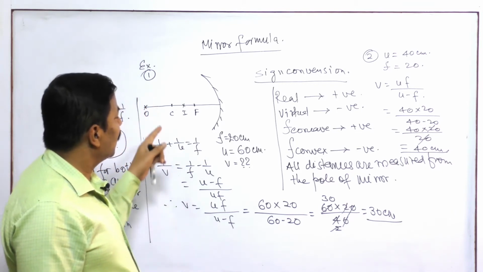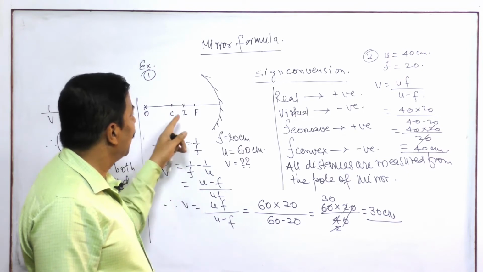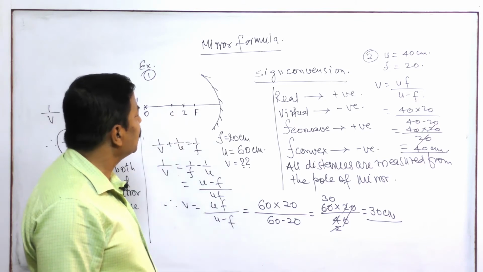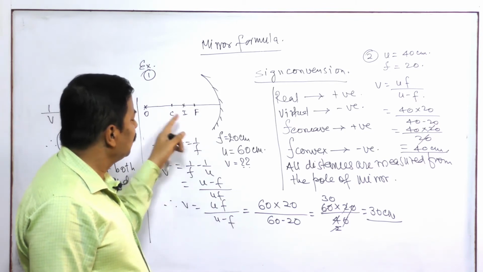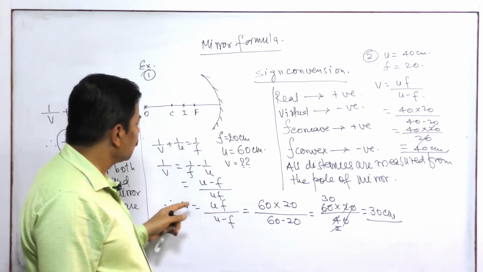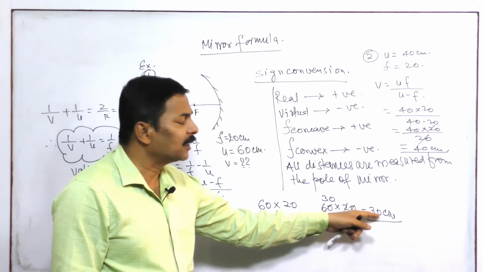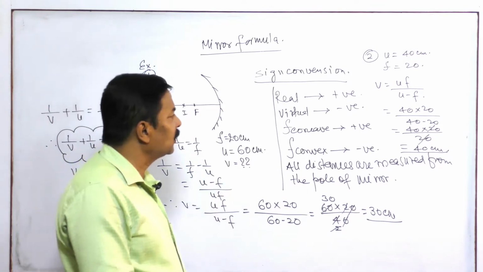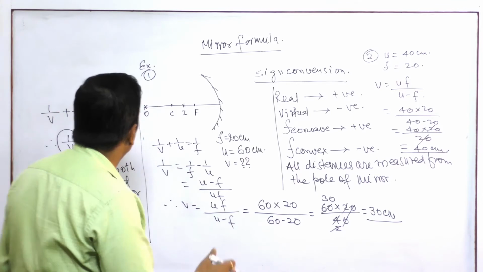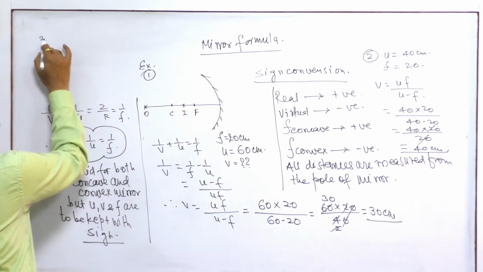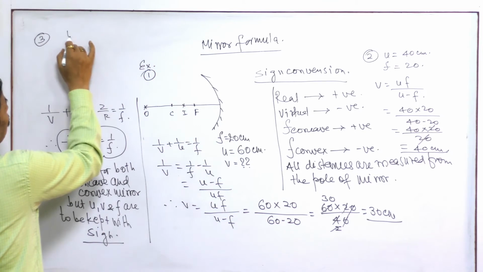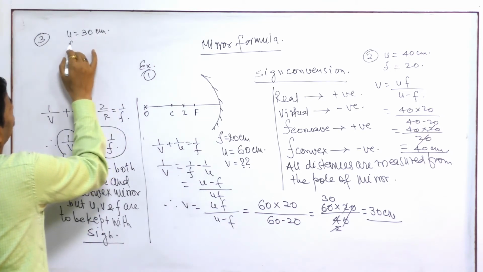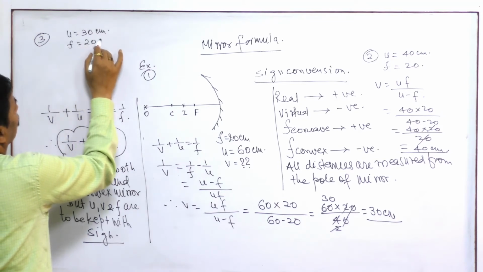Now let us take the third condition, where the object is between C and F. Let us suppose this is the position of the object. So for the third situation, U is equal to 30 centimeter, and F remains the same, 20 centimeter.